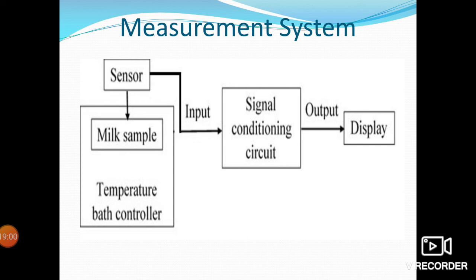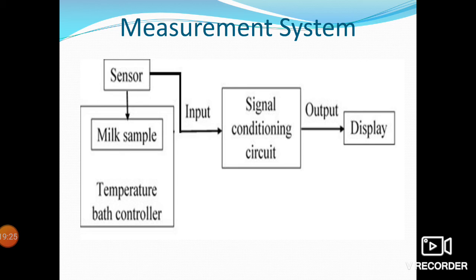So this is how the entire system works. When we speak about the display, it is a device in which the output from the signal conditioner is displayed. It may be a pointer moving on a scale, or it may be a digital display. As far as mechatronics is concerned, in almost all fields you are going to have a digitalized way of display. That is important.